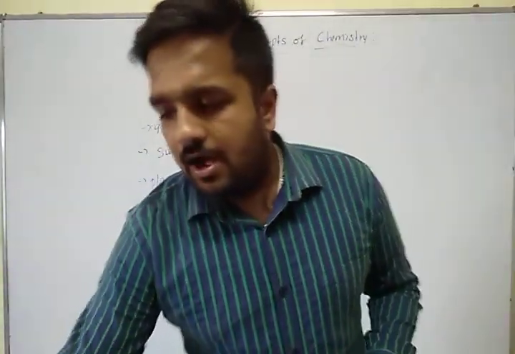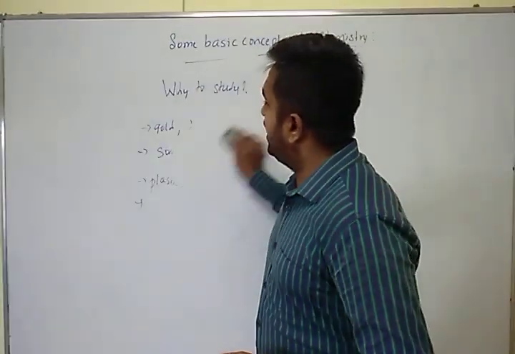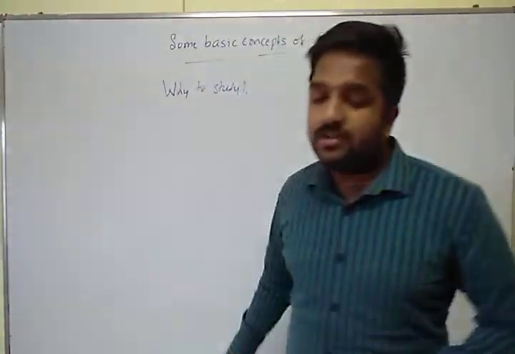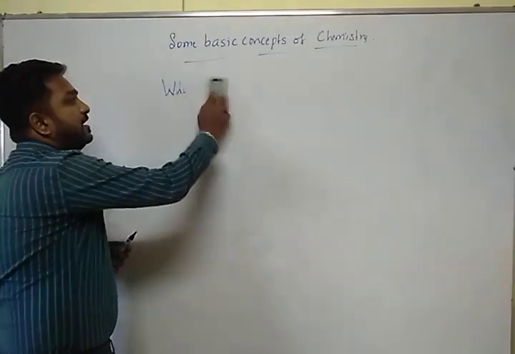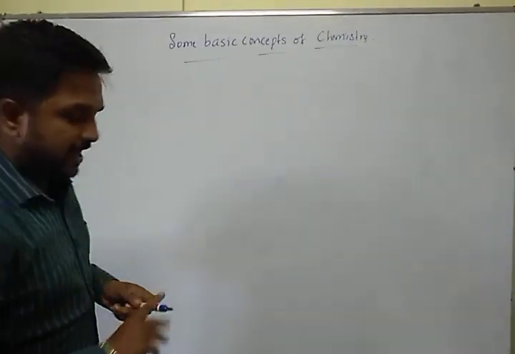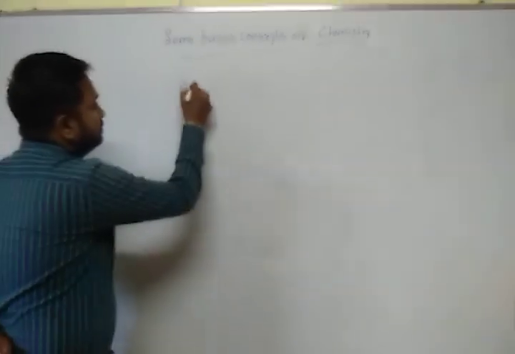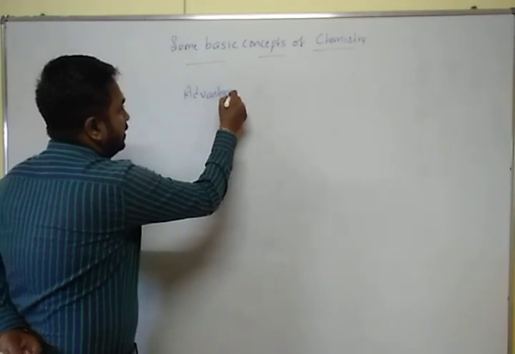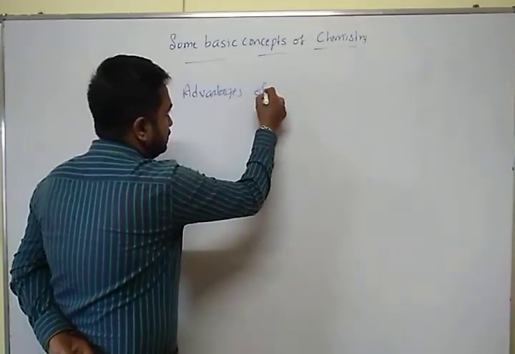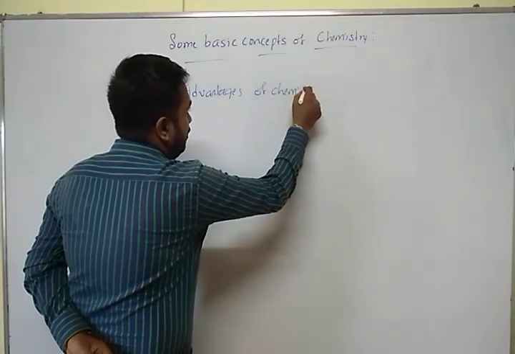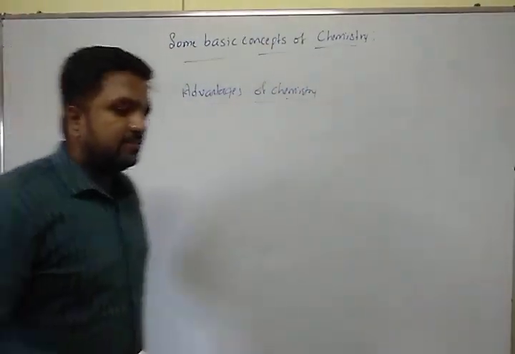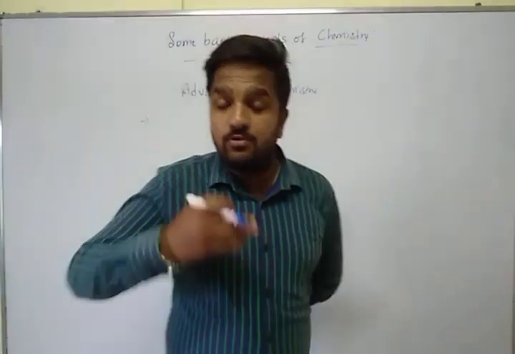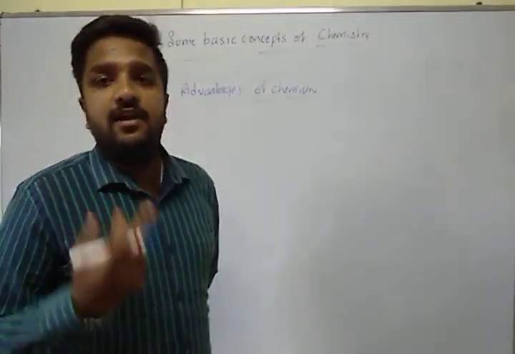Clear? So out of all these things we have shortlisted the 5 important uses or advantages of chemistry. So agricultural field is one of the most important and most necessary fields in each and every country.